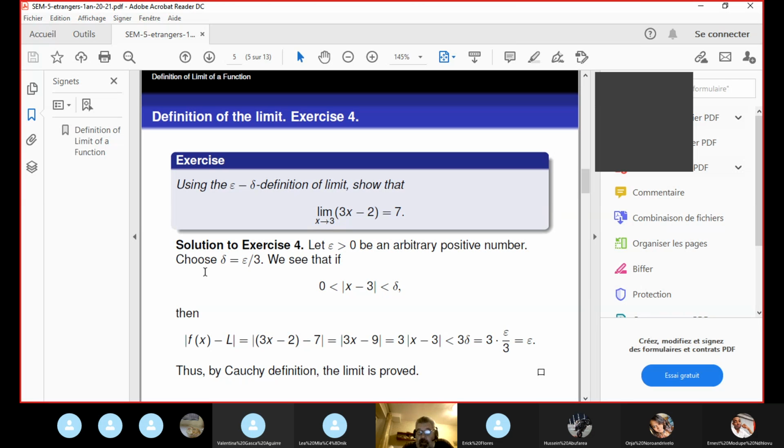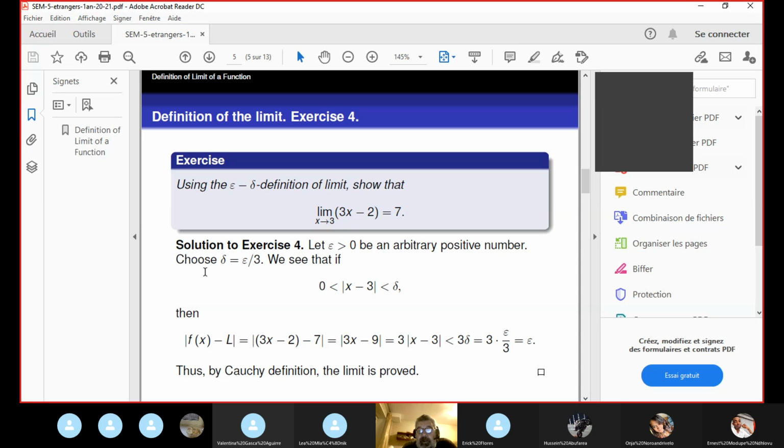So what do we want? We want that the absolute value between the function and its limit have to be, roughly speaking, arbitrarily small, less than epsilon. You see? And then I have to find my delta, which depends on epsilon. So I have to find the interval of my argument x.